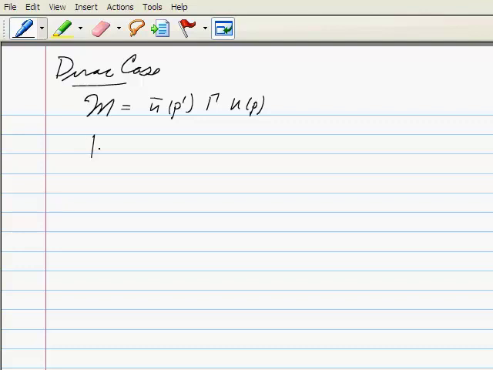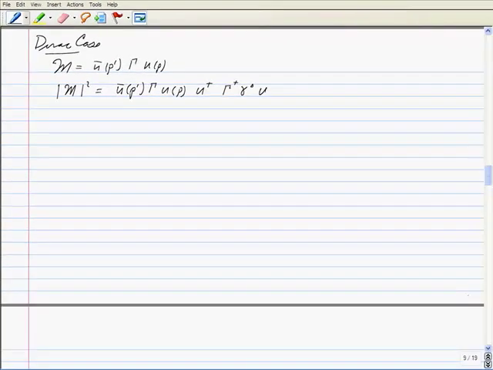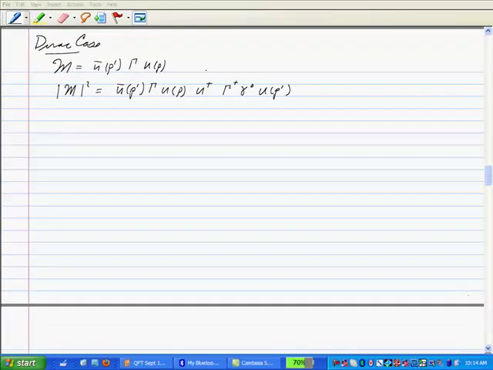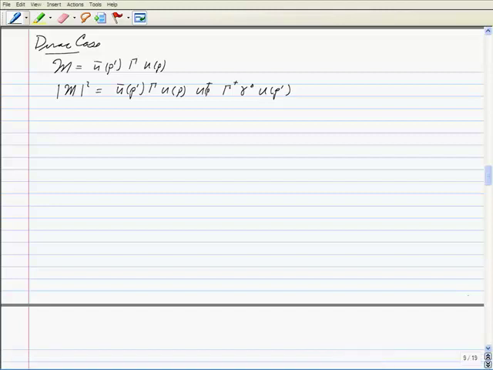M squared then is u bar of p prime gamma u of p times I've got u dagger gamma dagger, leave a little space there if you're writing it, gamma 0 u p prime. So this is actually p, and I maybe didn't leave enough space myself.